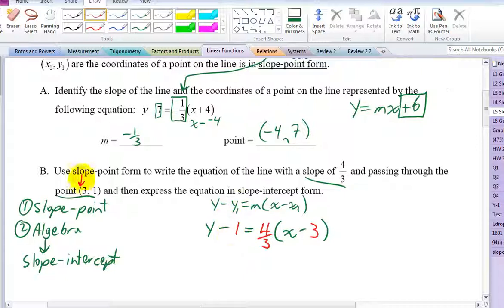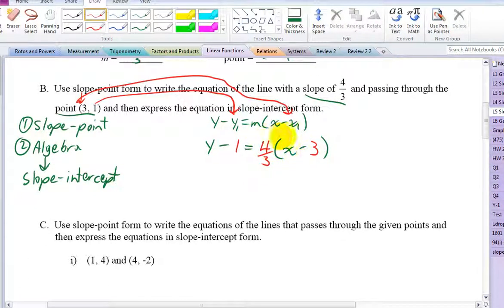Okay. So we're just taking the 3, putting it in for x1, taking the 1, putting it in for y1. Good. Multiply now. We got to get rid of brackets.